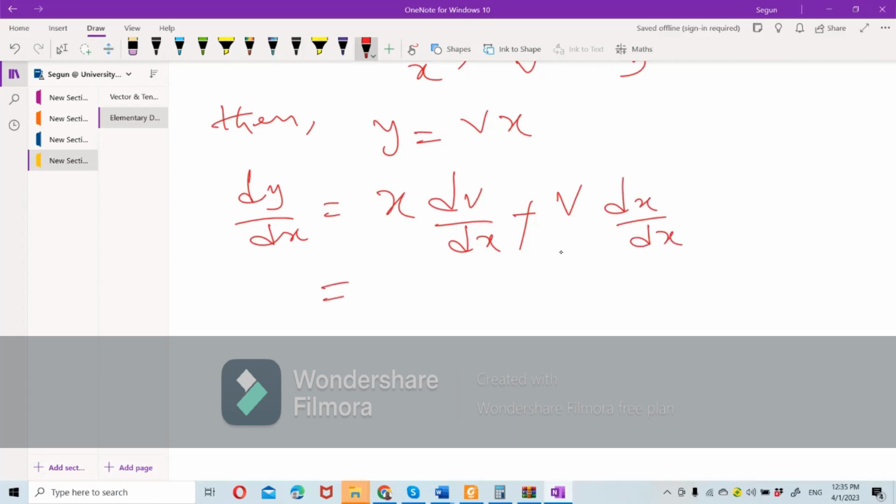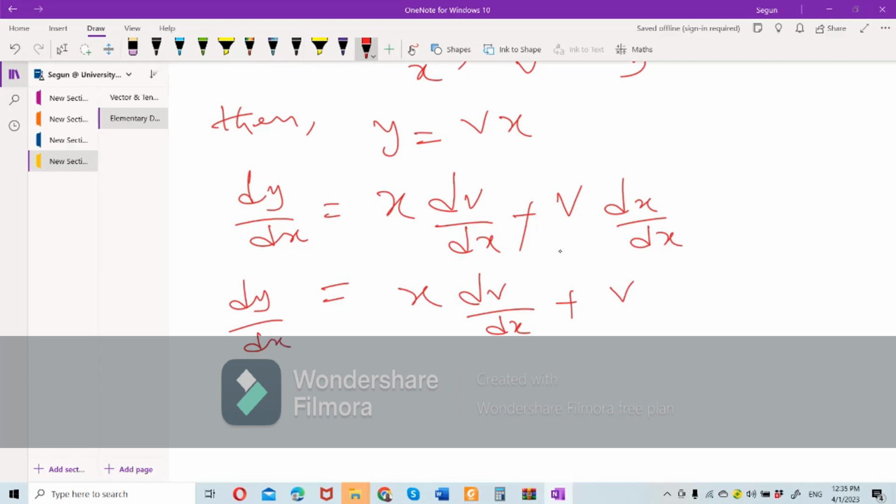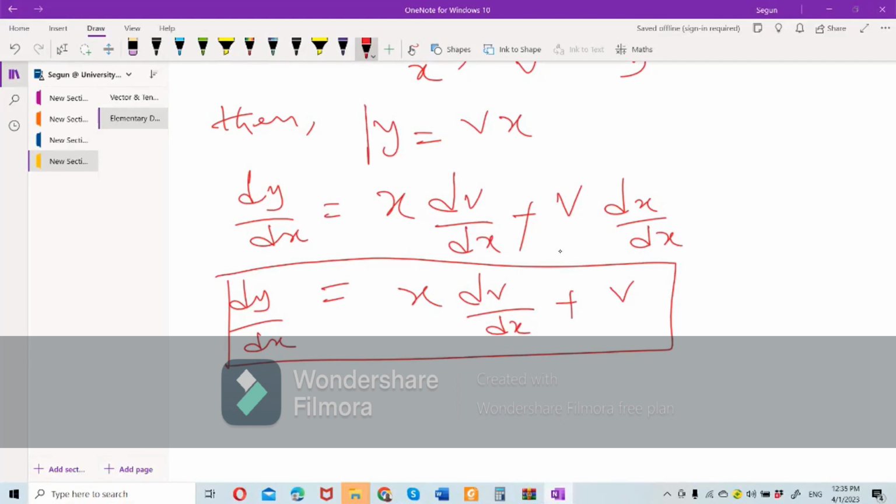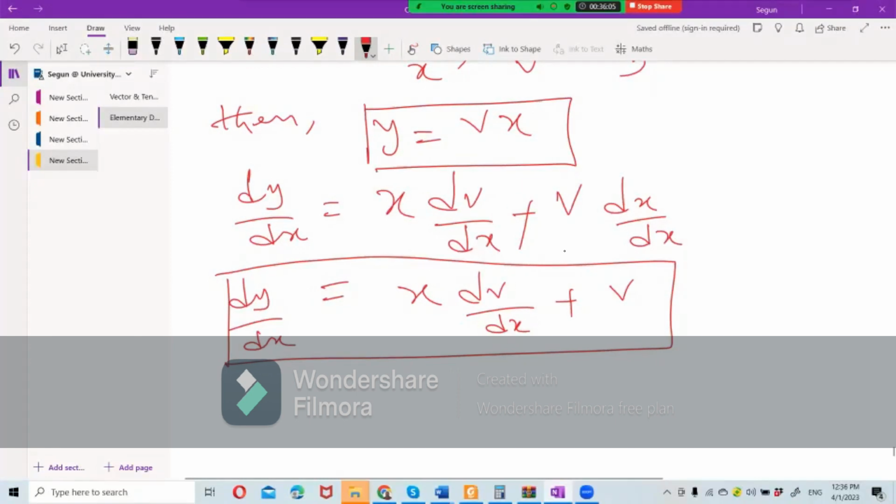So at the end of the day, I will have x dv/dx plus v, because this will turn to 1 already. So we have dy/dx equals this. Please, we'll be using these results as time goes on. Let's take note of that.